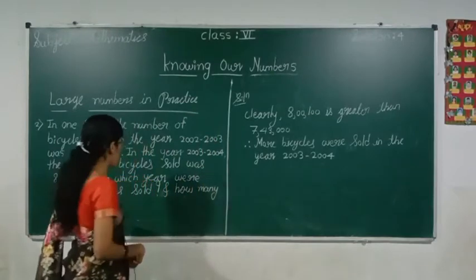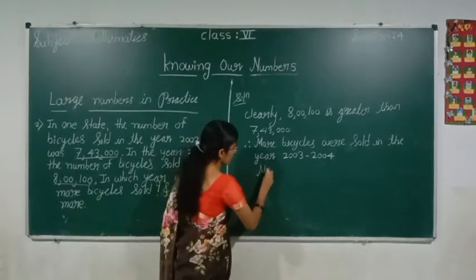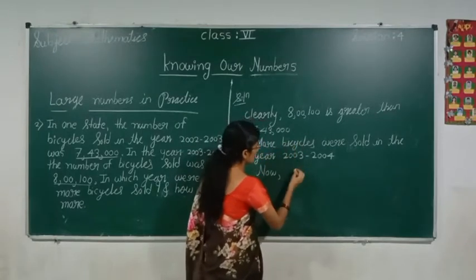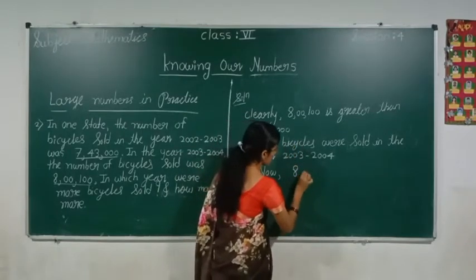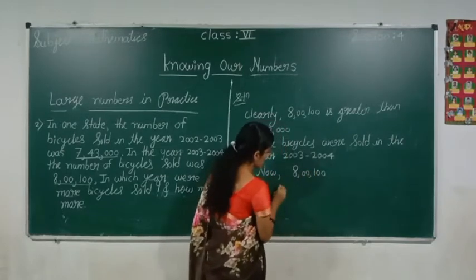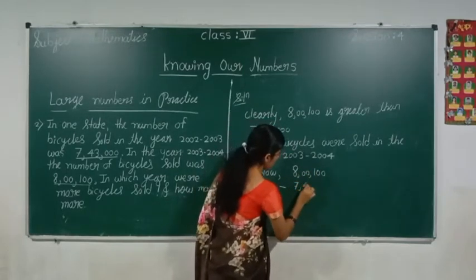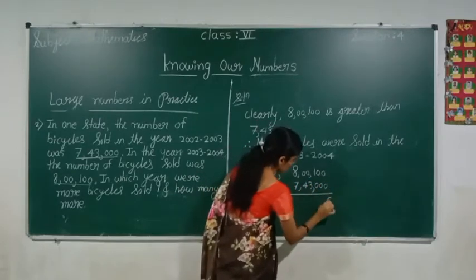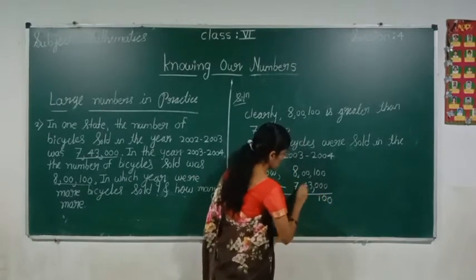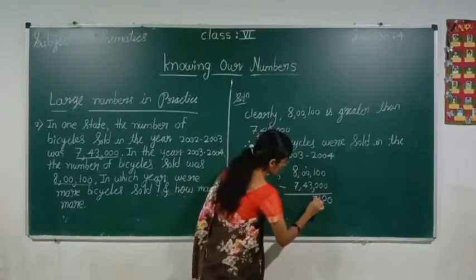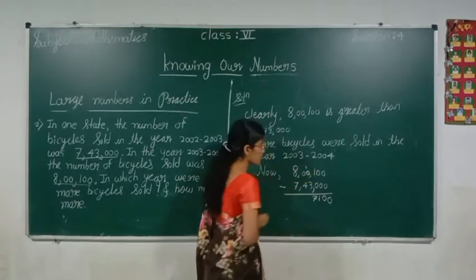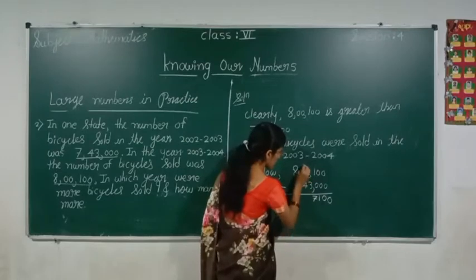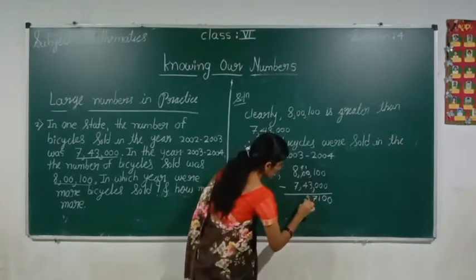Now, they ask how many more. What will we do? We will do this subtraction. See, how many more? 8,100,000 minus 7,43,000. 0, here 0, 0, 1. 10 minus 3: here 0 is there, we will borrow 1, it will become 10. 10 minus 3 is 7, here it became 9. 9 minus 4 is 5, right?